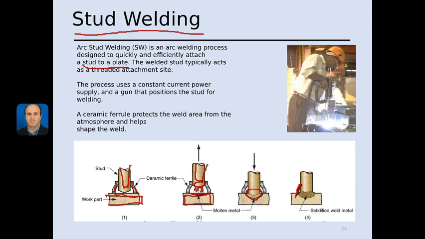When the material is solidified, there is no chance for air contamination to enter inside the weld metal. The ceramic ferrule is going to be removed from the work plate.